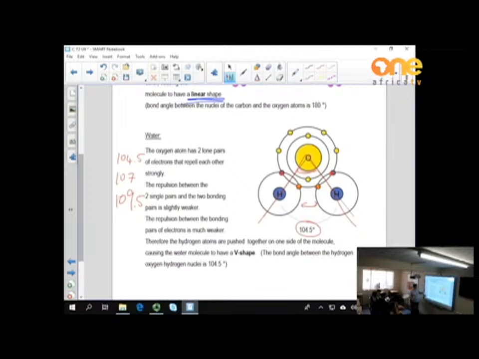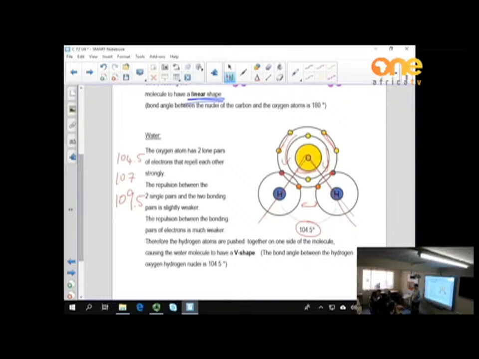Why is the bond angle in water smaller than in methane or ammonia? Because in water, we have got single pair repulsion that pushes the hydrogen atoms down. You follow? Why is the angle in ammonia bigger than the angle in methane?